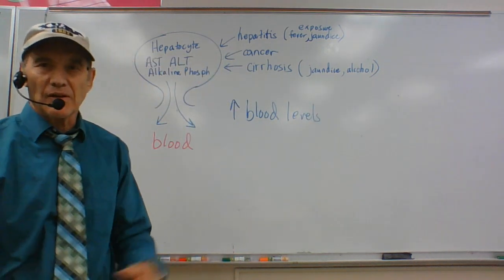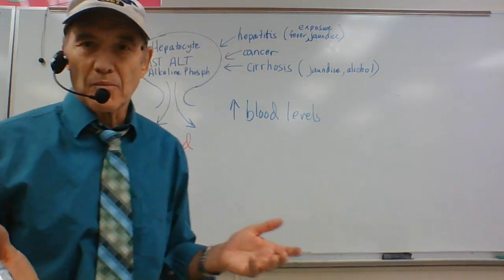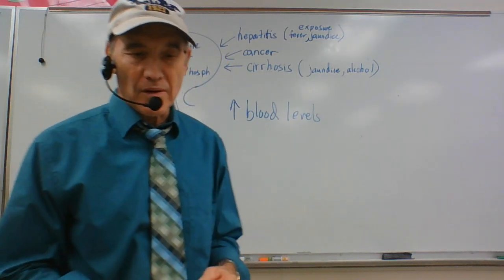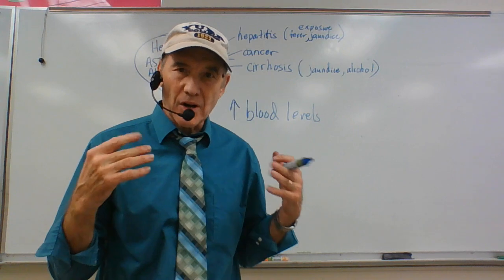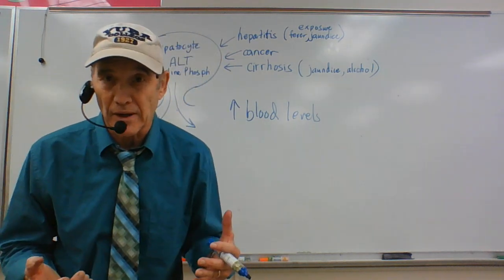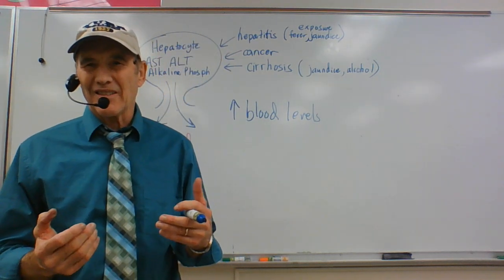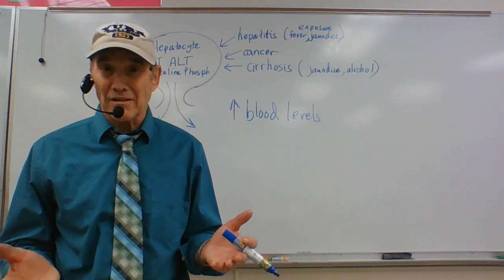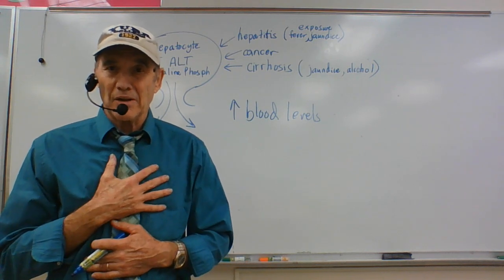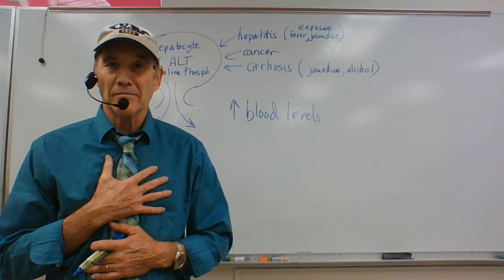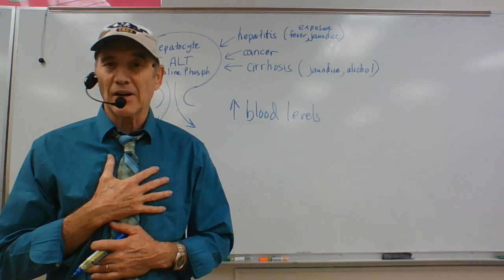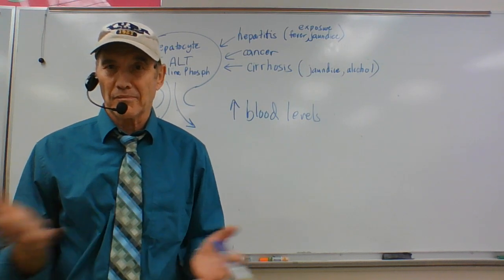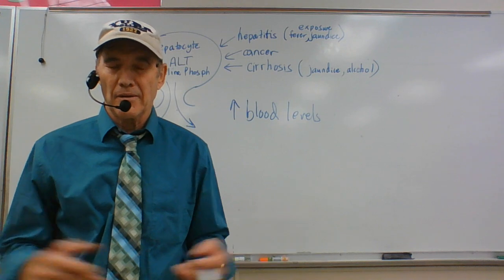What's another way we could have high blood levels of something? Well, if an organ normally excretes something and then it's damaged, so it can't excrete it, then it's going to end up in the blood. If it can't excrete it, it's going to be left in the blood.